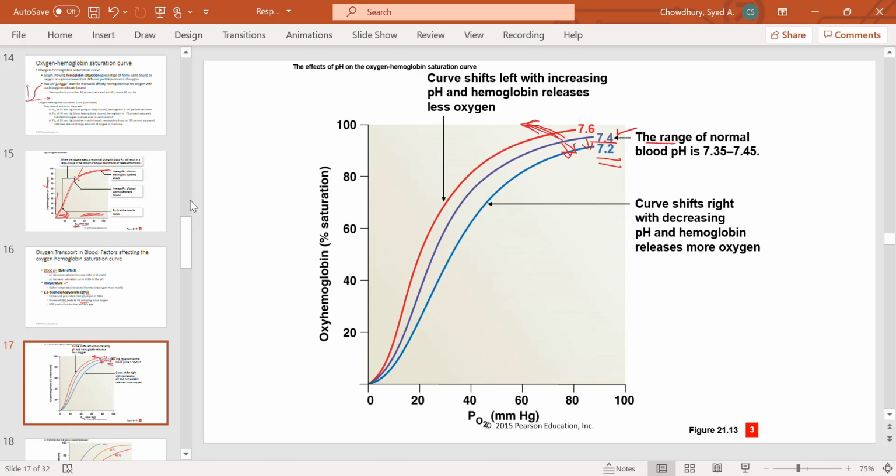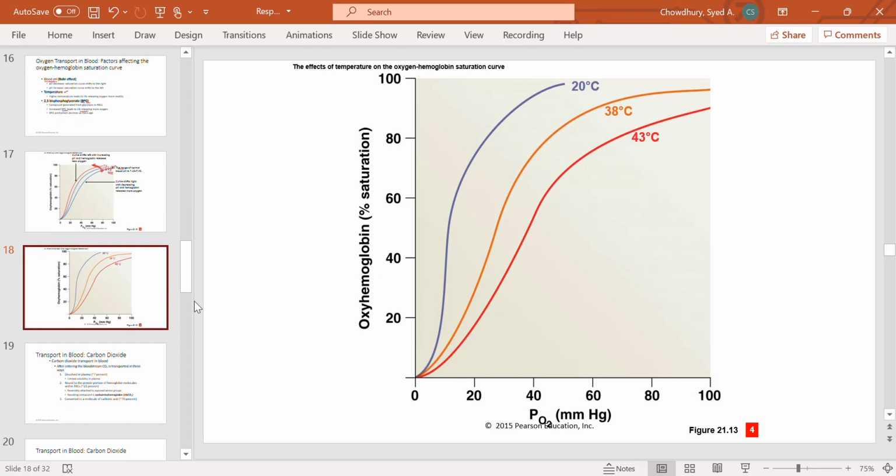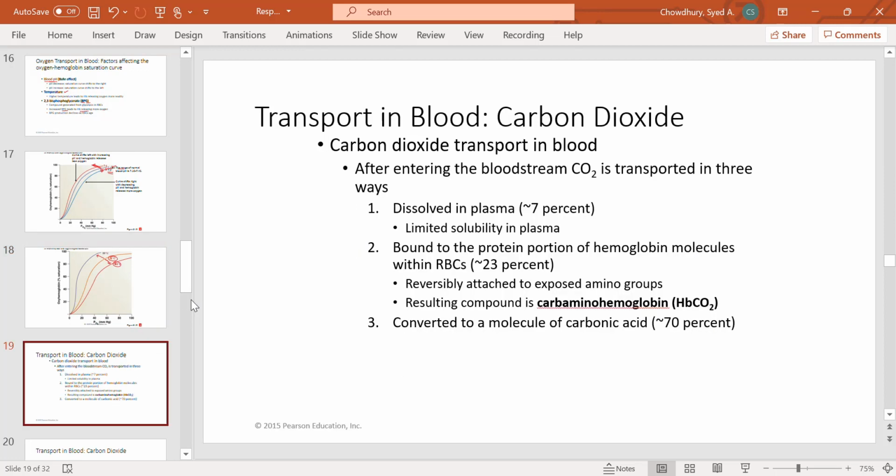High pH will increase the saturation. Here you see temperature, increased temperature. This is normal body temperature. Increased body temperature will decrease saturation. Okay, and in cold body temperature the saturation will be more. So those are the factors that change the binding of oxygen and hemoglobin, as well as the release of oxygen from hemoglobin.